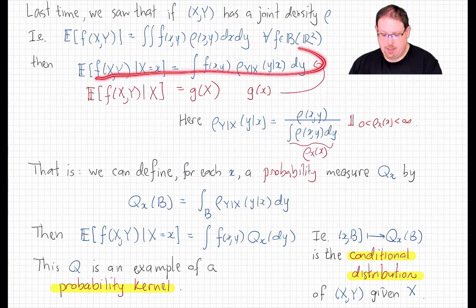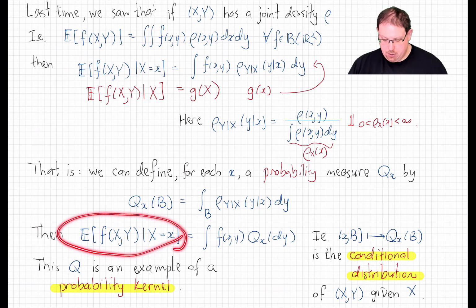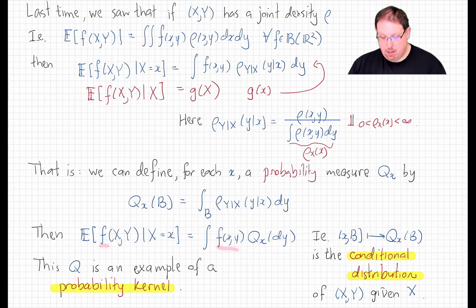Then what this formula says here is precisely that this conditional expectation can be computed by integrating the function f of two variables against this measure, which depends on x, in the second variable. So we might like to call this x-dependent probability measure q sub x the conditional distribution of the pair xy given x. And we're going to get to the precise meaning of that language.